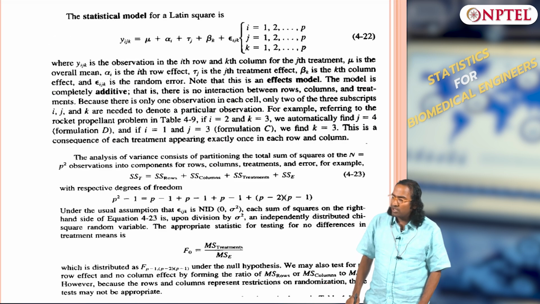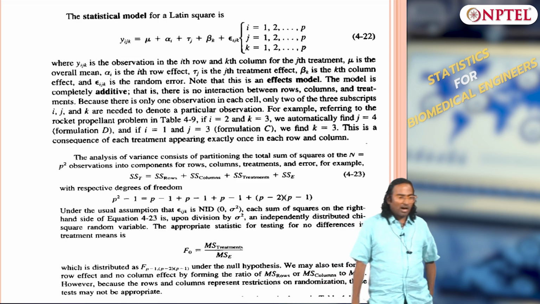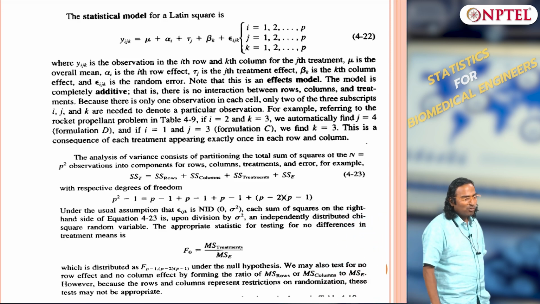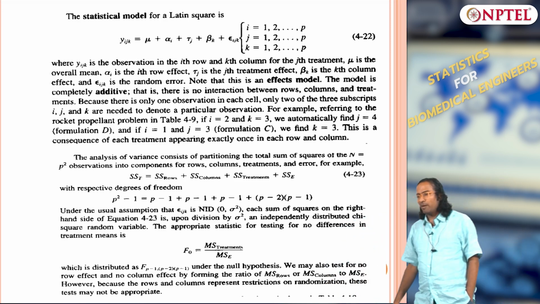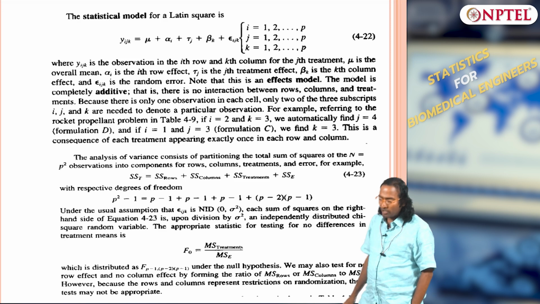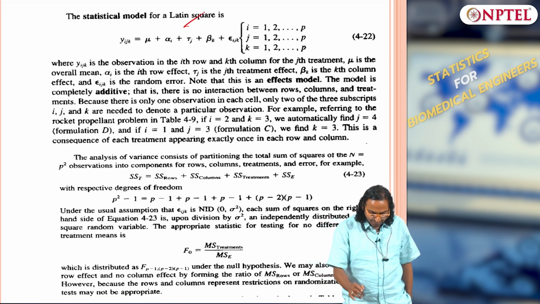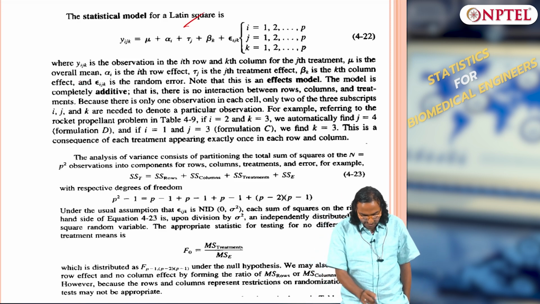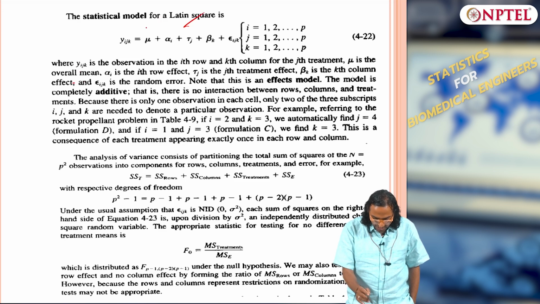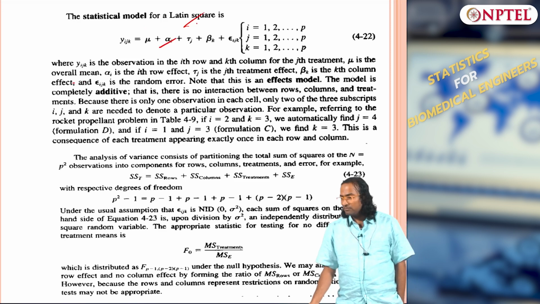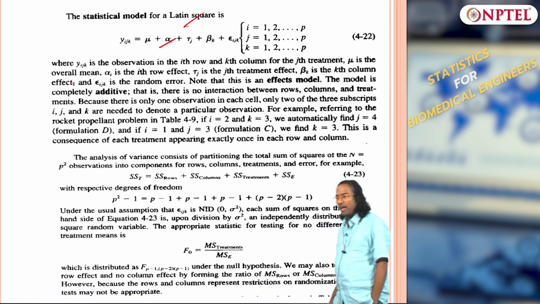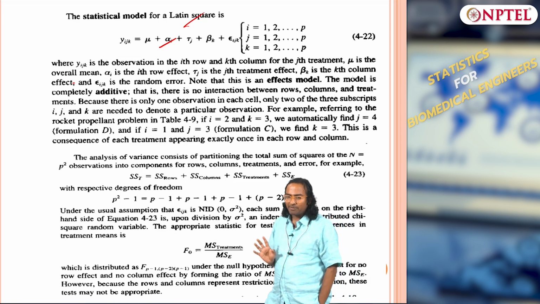So now my model has one more factor: alpha, beta, tau and epsilon with subscripts i, j, k. You have tau for treatments, beta for the column effect and alpha for the row effect. Okay. So you have rows, columns plus treatments.